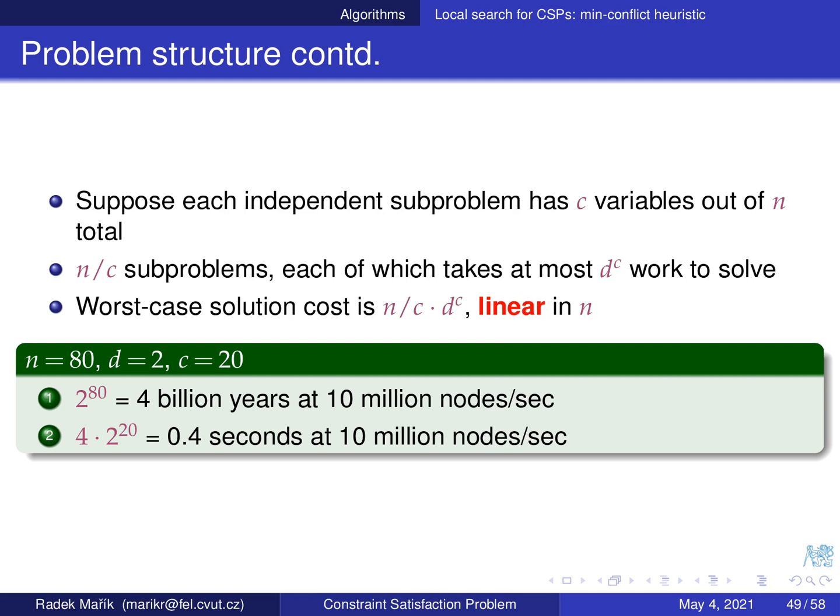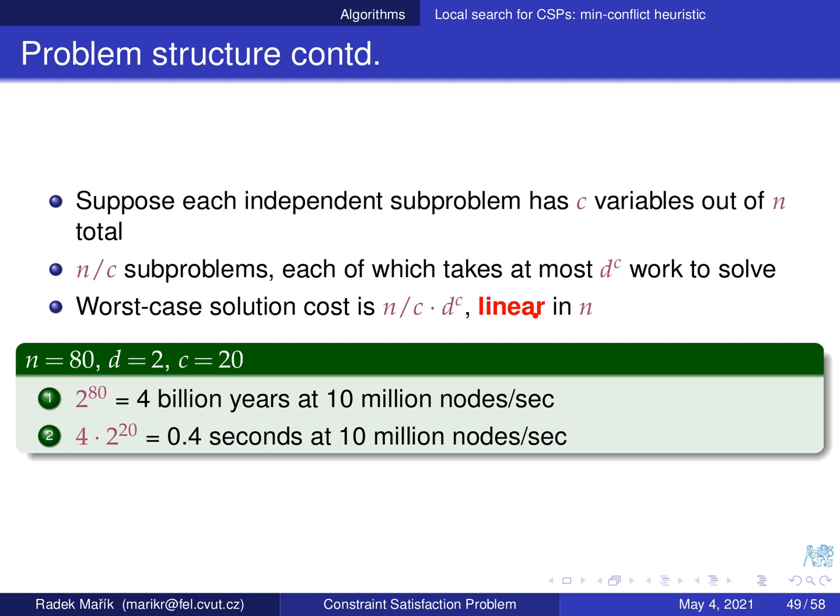If we are able to divide it in this way, then we have 4 problems, each having complexity 2 up to 20, and we deal with it in just 0.4 seconds at the same speed. This is a huge difference, I believe. So this is how we can tackle those huge problems.